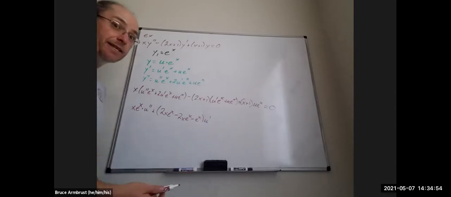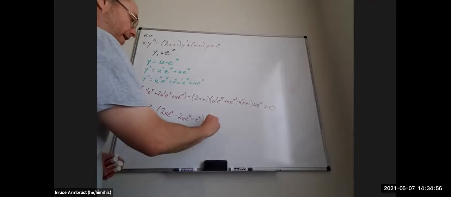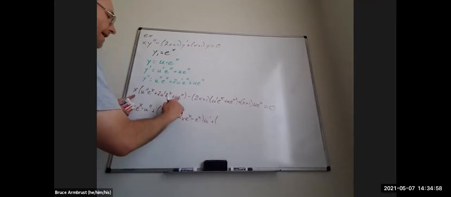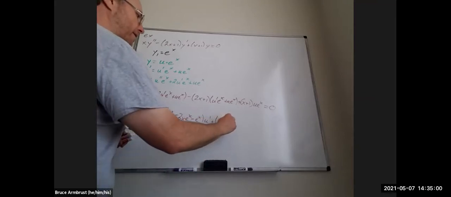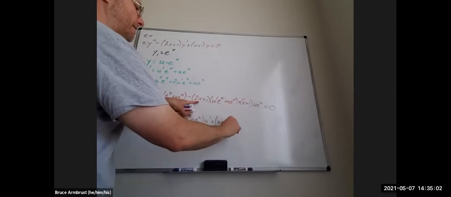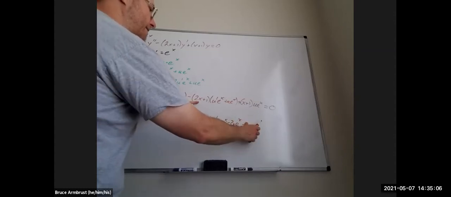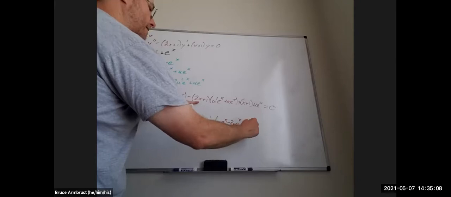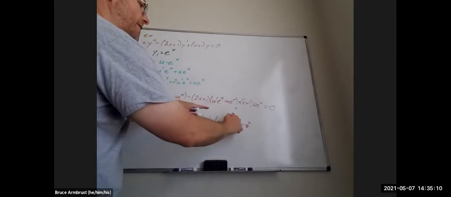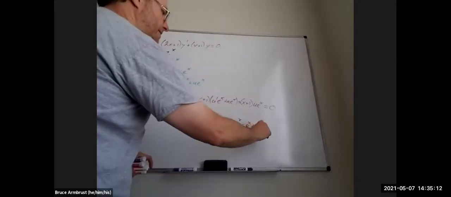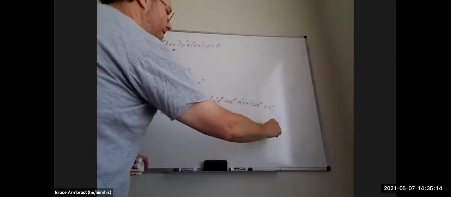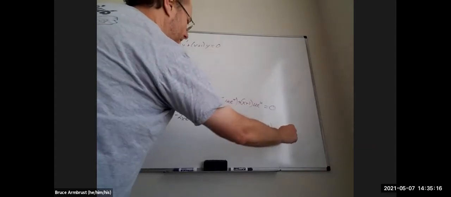And then my u's, I already know that it's going to become 0 u's, but I just want to show you. So we're going to get x e to the x minus 2x e to the x minus e to the x from those two pieces. And then this one we're going to get plus x e to the x plus e to the x.